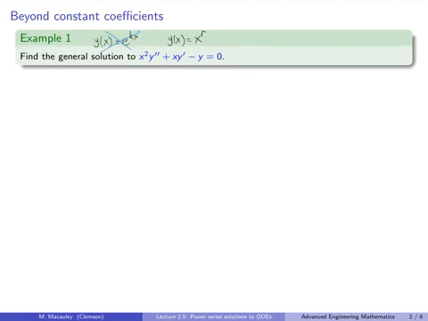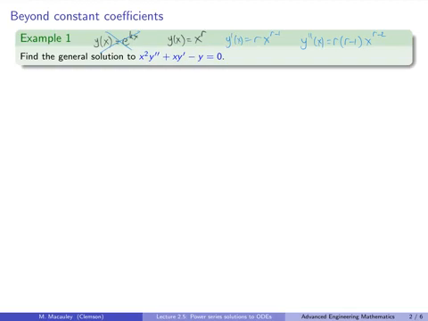I claim that all three of these terms are going to have x to the r's in them, and again, that's because for each time we have a derivative, we have an x out in front. Okay, so let's figure out what r is going to work. y prime of x equals r x to the r minus 1, and y double prime of x equals r times r minus 1 x to the r minus 2.